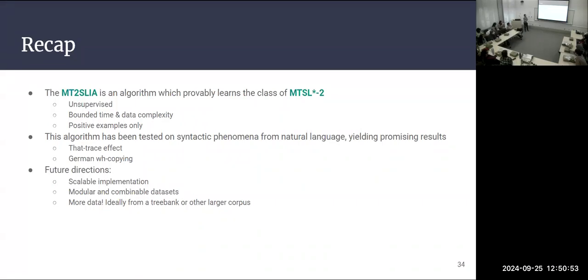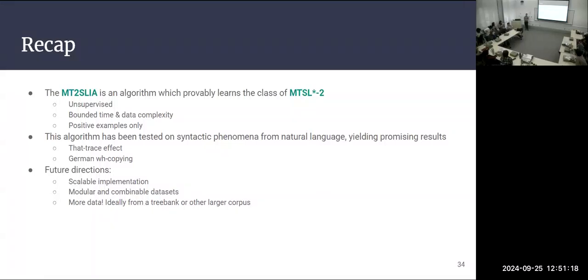In the future, I really want to turn this into a more scalable implementation. What I really want to do is create data sets that are modular but can be combined, right? We have MTSL here, multi-tier-based. I want to be able to say, okay, let me pick out these three different phenomena and try to learn them all at once and see what happens, or learn how they interact. So I want to keep building the data sets that I have.